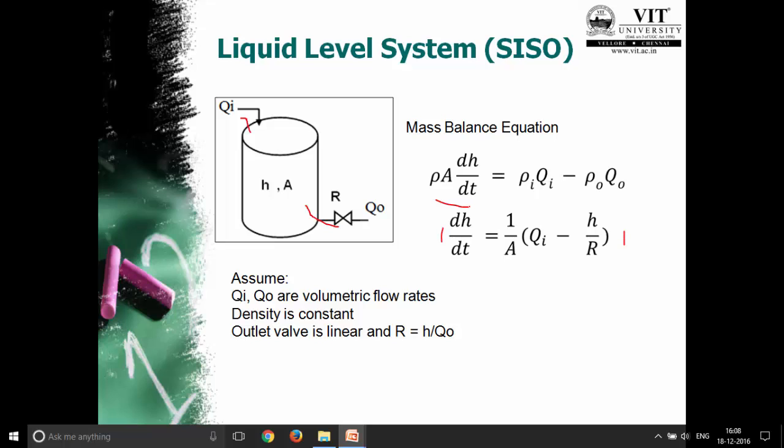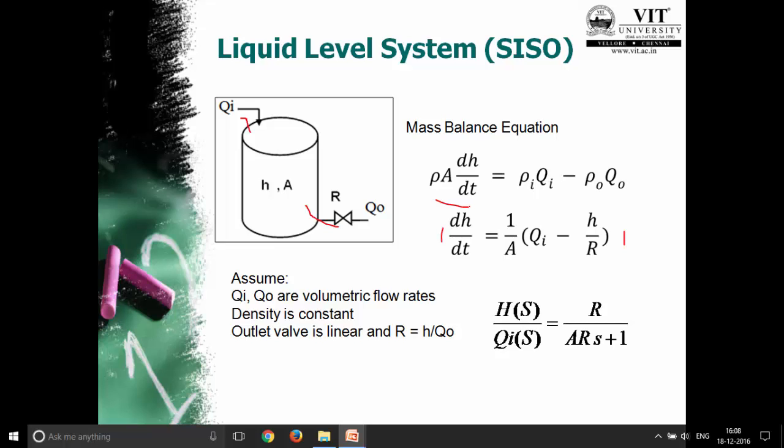So we can analyze the dynamic behavior of the system here. Since this system is linear, we can represent this ordinary differential equation with the help of a transfer function also by taking the Laplace transform. So we'll be getting this.